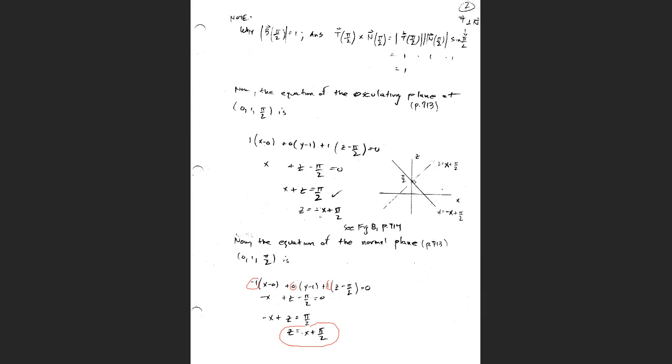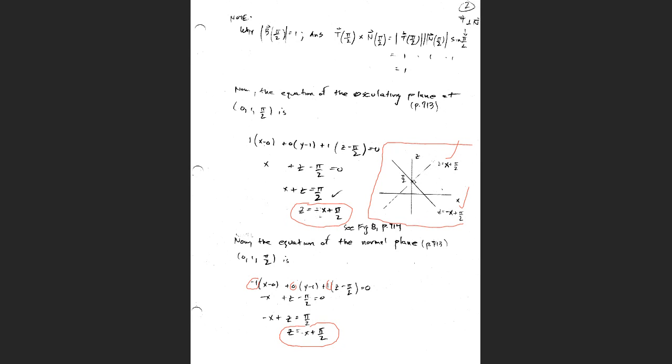It would make sense too that the osculating plane and the normal plane are perpendicular planes because the TNB frame forms a box, right? And what I did here in this picture is I just drew the XZ plane and I drew the lines.